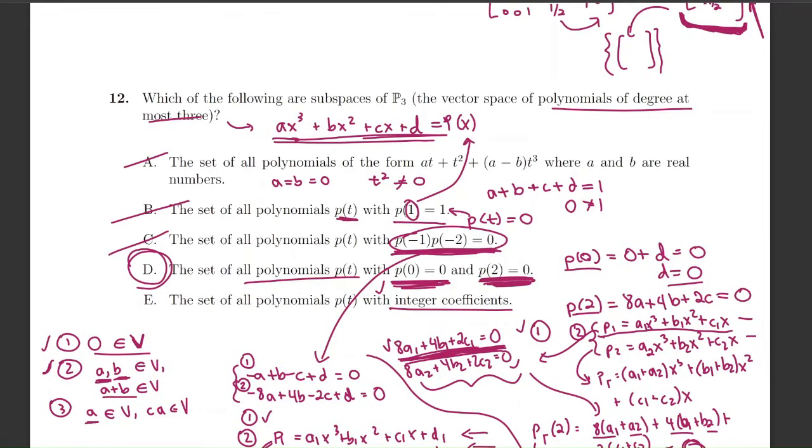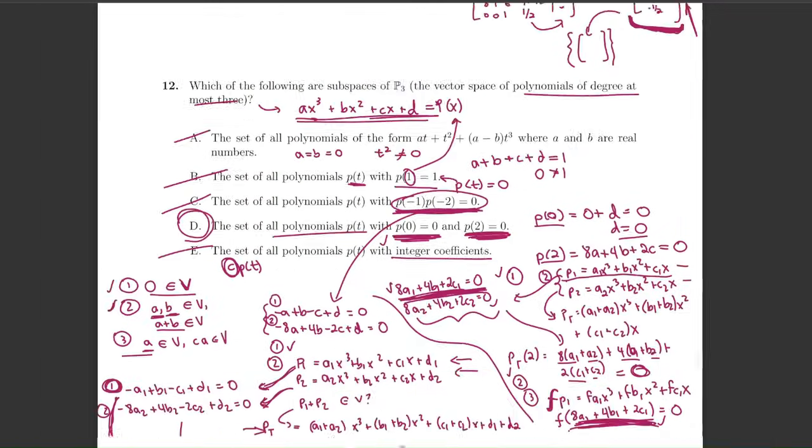But the third condition is the kicker, because if you have some scalar times some polynomial, your scalar could be a decimal. It doesn't have to be an integer. So if you had, say, times pi, then obviously your coefficients are not going to be integers anymore. So it's not closed under scalar multiplication, so this is not true. So it's not going to be a subspace. So our answer is D.